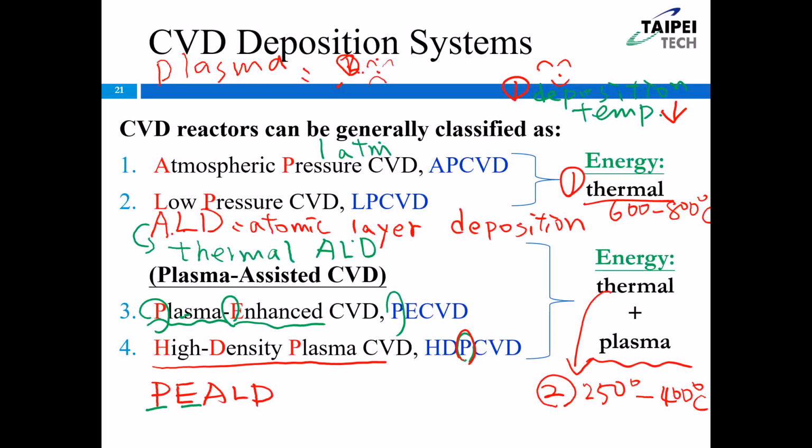But the bad thing will be, how can I say, the plasma damage. Today if you have plasma inside the chamber, the good thing is the deposition temperature will be lower, so you will have a smaller thermal budget.